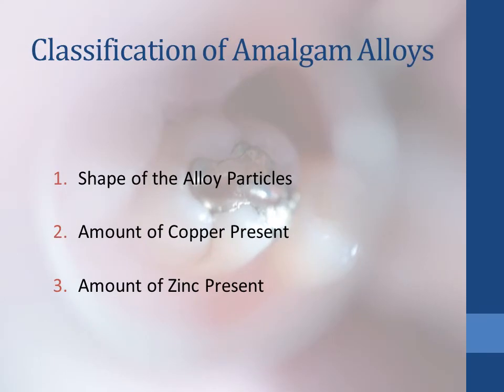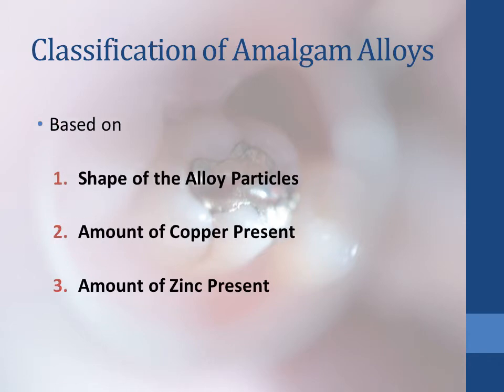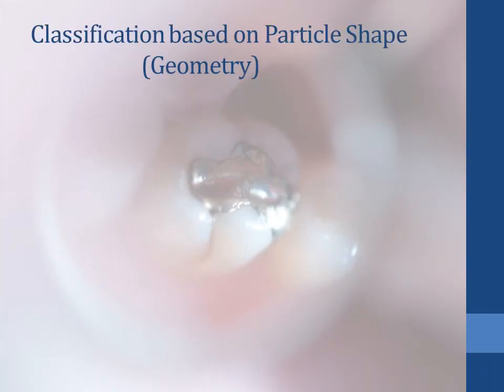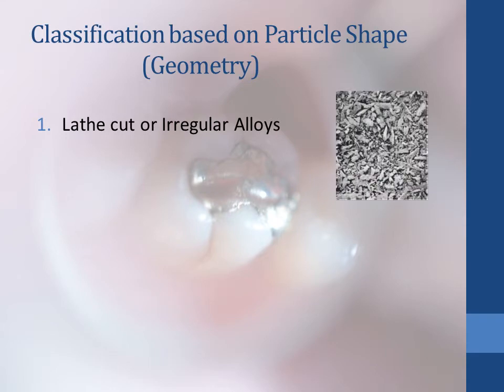So let's look at the classification of amalgam alloys. Amalgam can be classified according to three main factors: the shape or the geometry of the alloy particles, the amount of copper present, and the amount of zinc present. So let's look at them individually. Based on the particle shape or the geometry, they may be classified as lathe cut or irregular alloys.